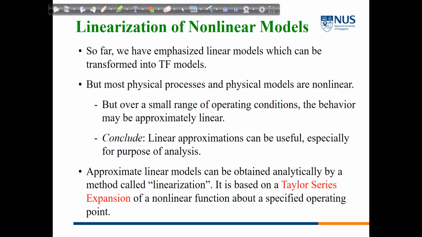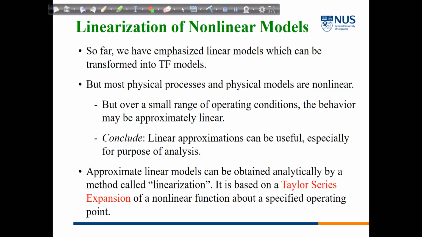This is also feasible because over some small range of the operating conditions, the behavior can be nearly linear over this small range of conditions.